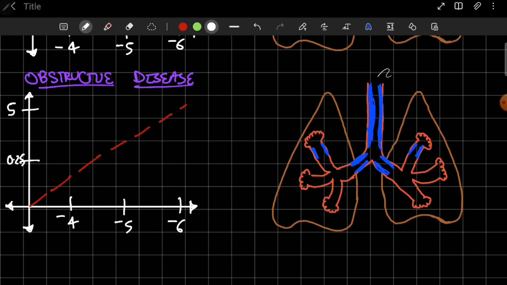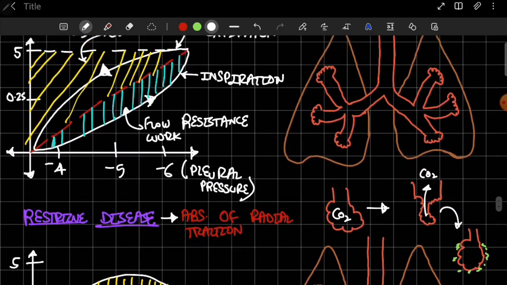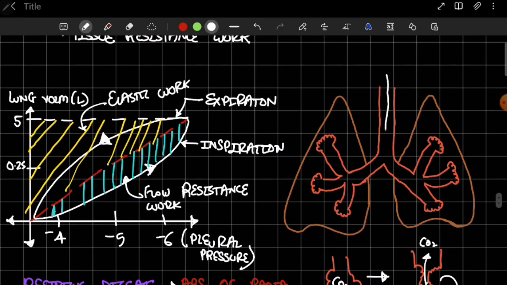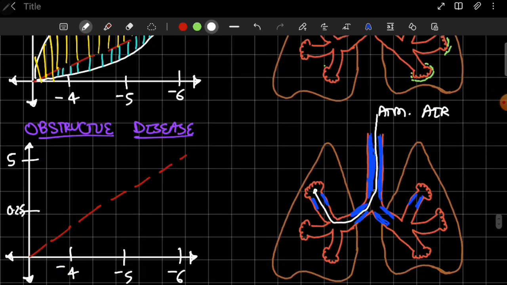Now we have to pump the air in through this pathway and then to the alveoli. Okay, this is the atmospheric air. This is going to the alveoli. Now tell me one logic: is it easier for the air to go through this pathway or through this pathway?